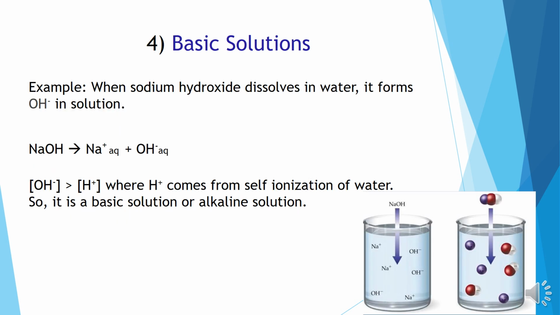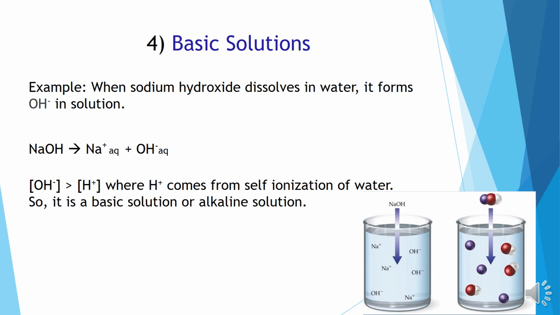Now let's take the basic solution. Also here, let's recall the Arrhenius base. When sodium hydroxide dissolves in water, it forms OH- in the solution, as we see here in the equation and in the figure, where NaOH gives Na+ and OH-.